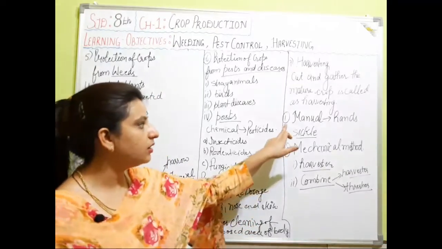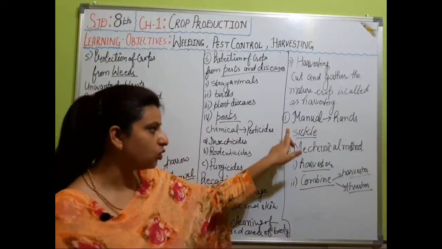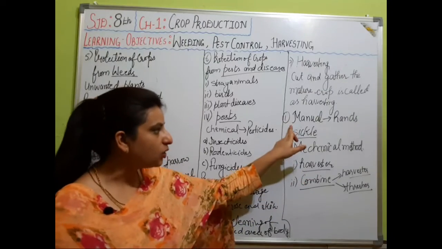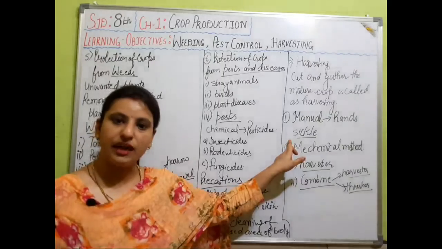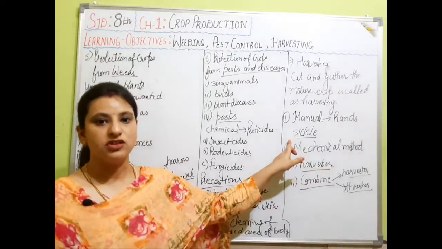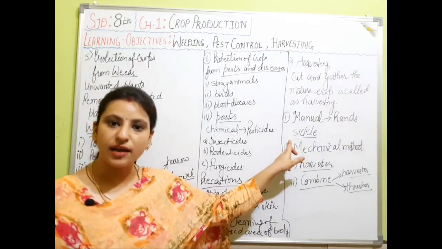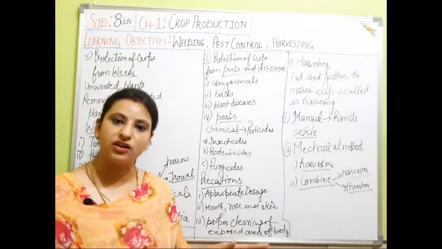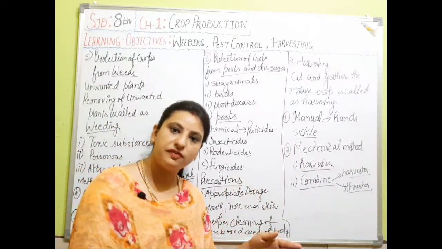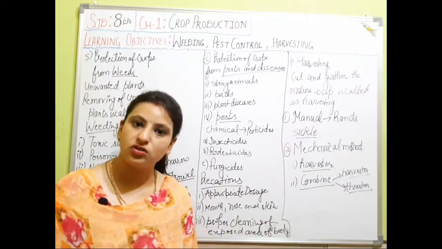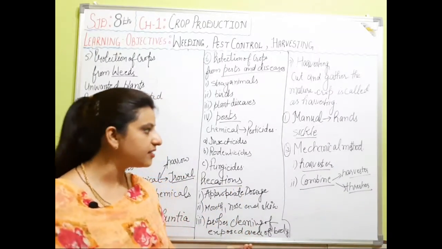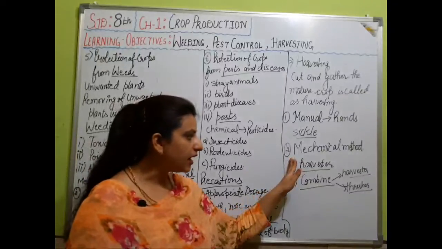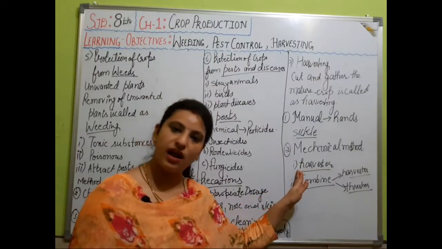Okay, and it can be done by two methods, the manual method and the mechanical method. In the manual method, we use a sickle, and with the help of hands and sickle, we cut the crops, pile them up and make a big heap of the crop in the center of the field, and they are left so that they dry off in the sun for some days. And the second method, the mechanical method, is one in which the harvester is used.